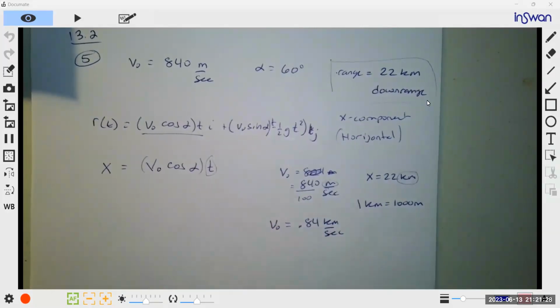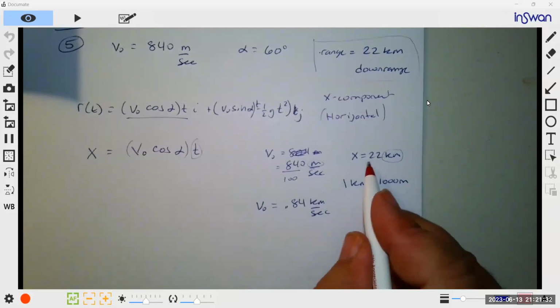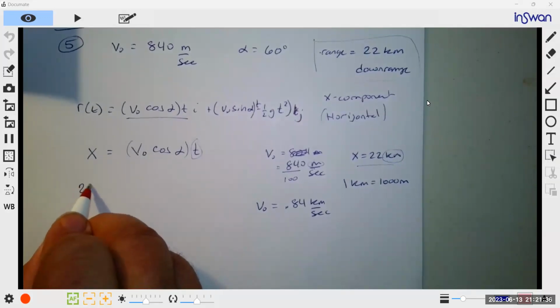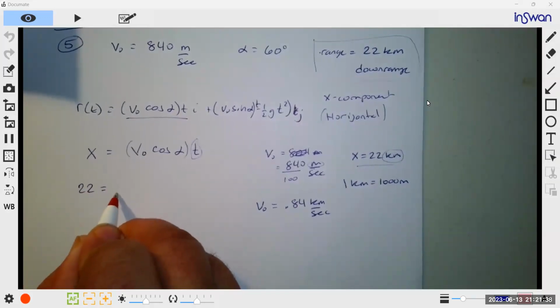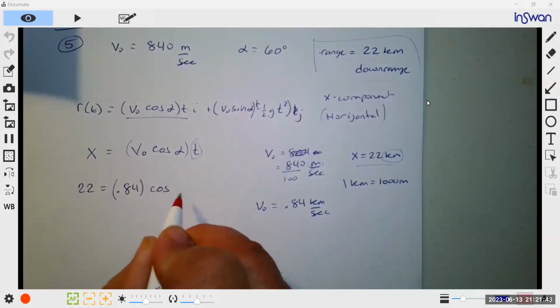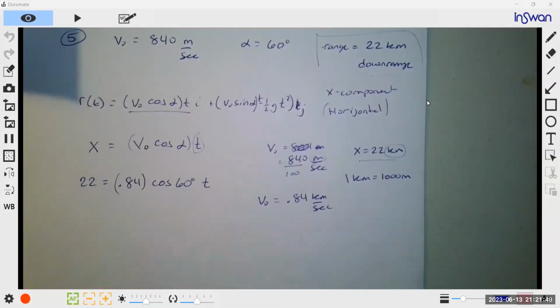So our initial velocity is 0.84 kilometers per second, and it wants to travel for 22 kilometers. So it goes 22 kilometers equals 0.84 cosine of 60 degrees times t, and we want to know how long it took.